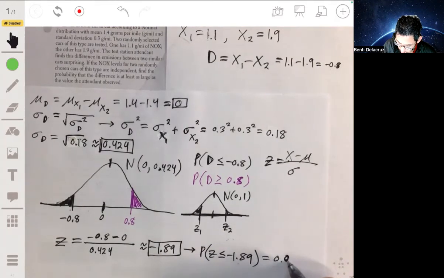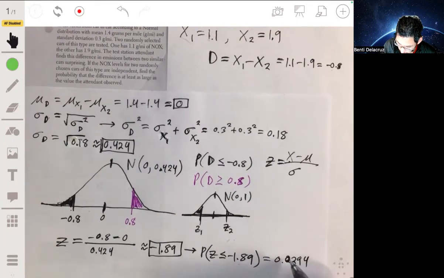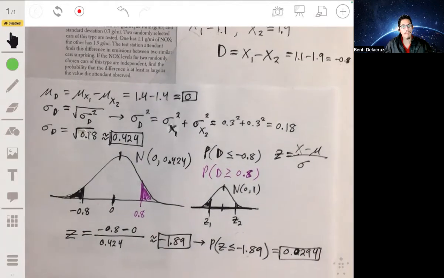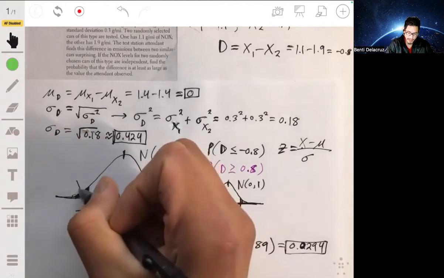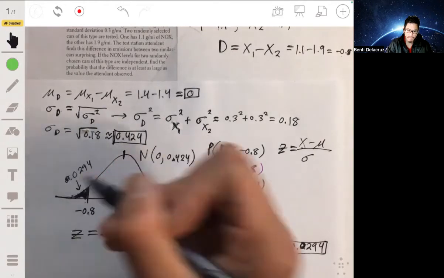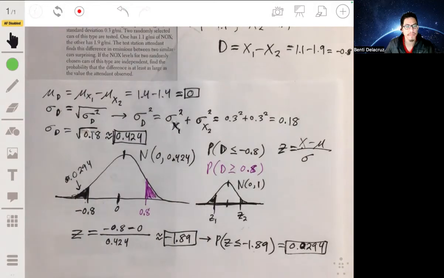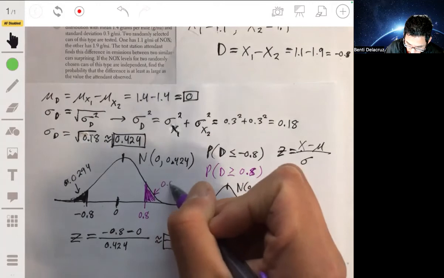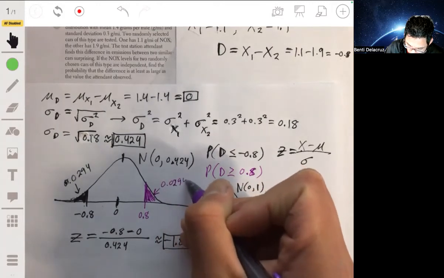No, not 0.2, 0.0294. So this area is 0.0294, and that means this area is also 0.0294.